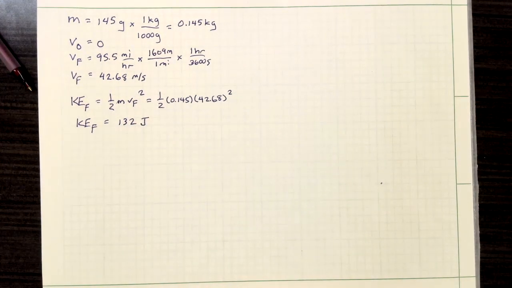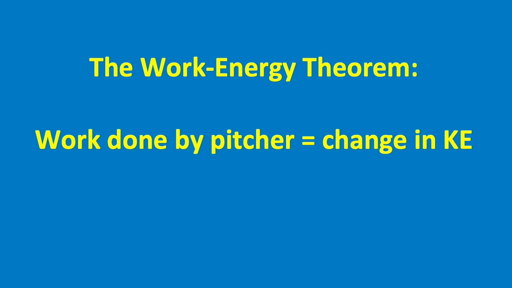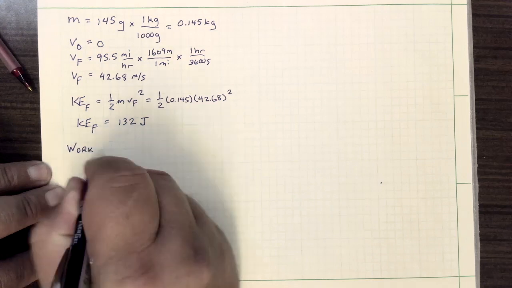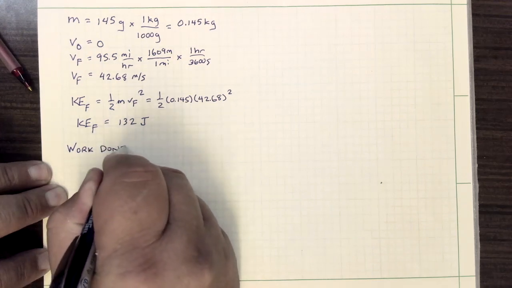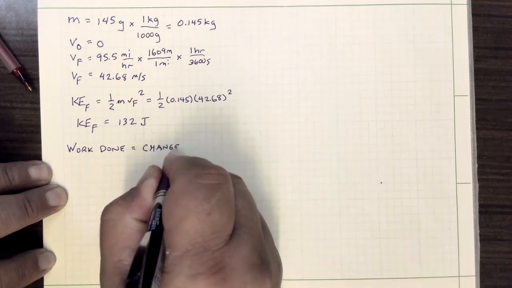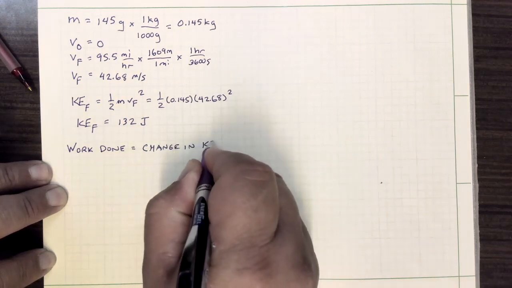Well, next we are asked how much work the pitcher must do to get the ball moving this fast. This is a situation where we use the work-energy theorem, which states that the work done by all the forces acting on an object is equal to the change in the object's kinetic energy.